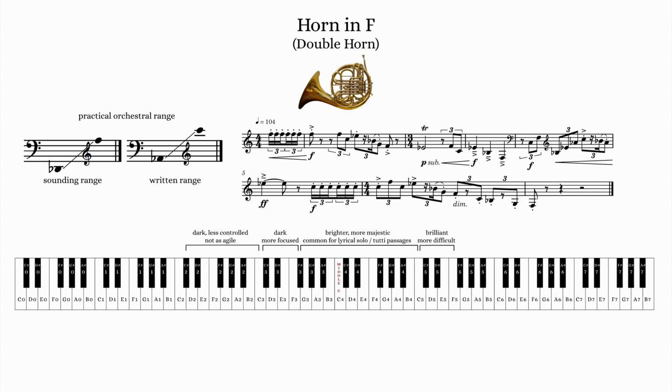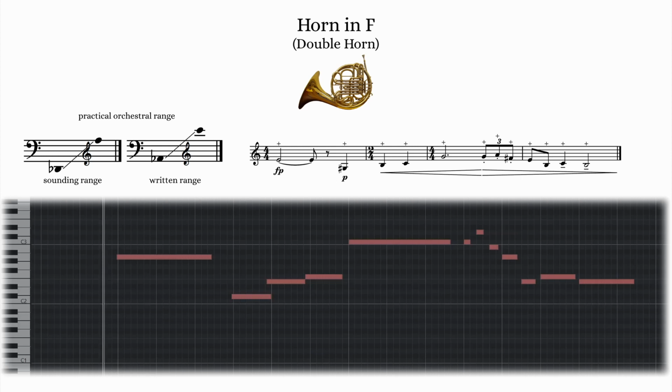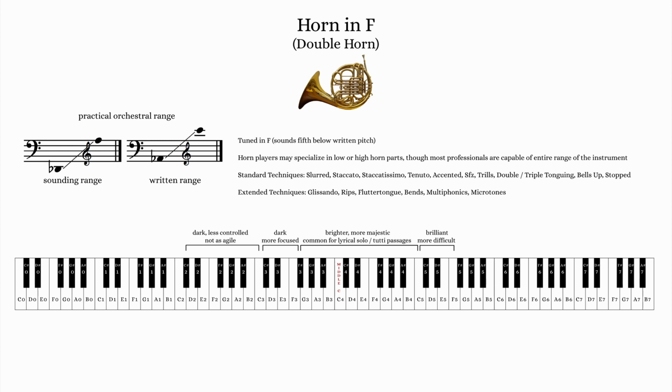Stopped notes are indicated with the plus sign above the note. In passages that use both stopped and open notes, you'll need to indicate both, using plus for stopped and a circle for open. Extended techniques like rips, glissandi, flutter tongue, bends, and multiphonics are also possible, but obviously more difficult.